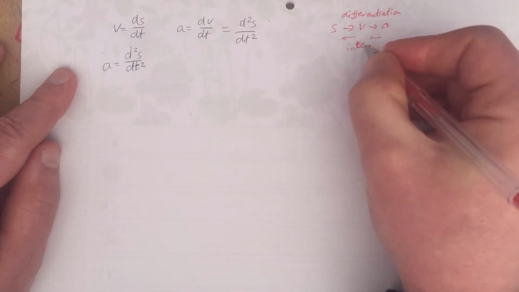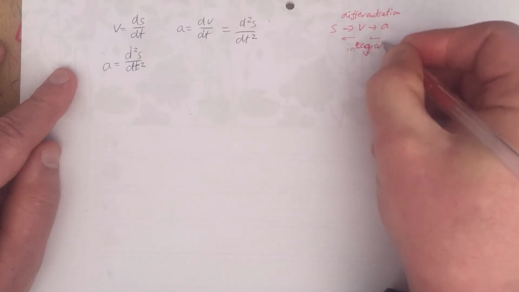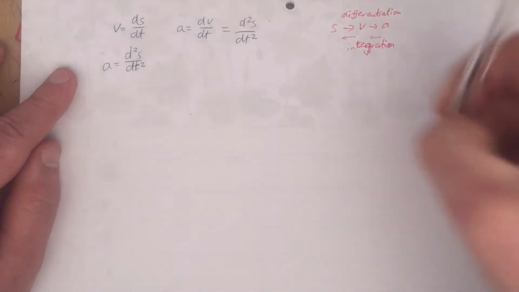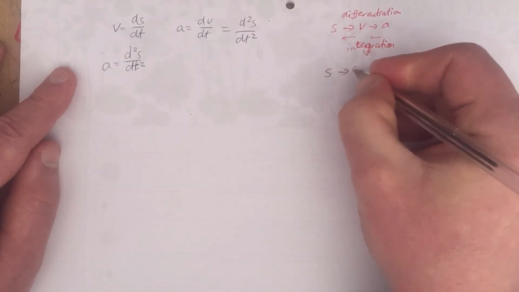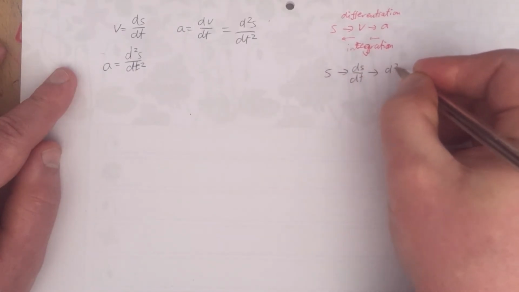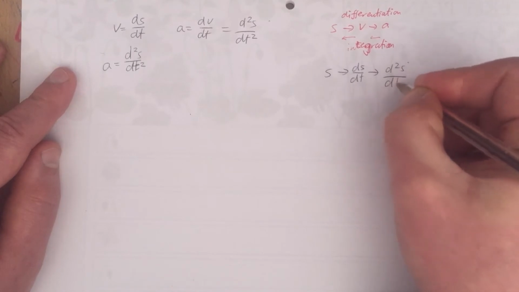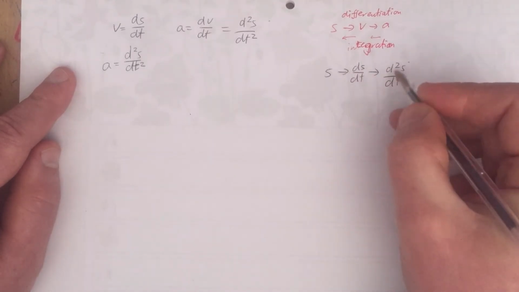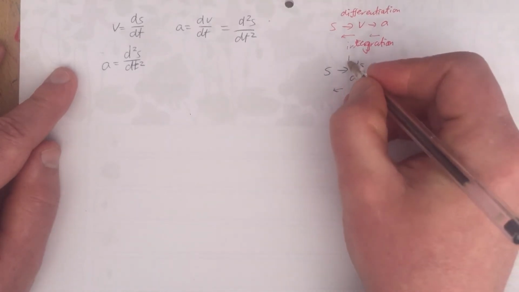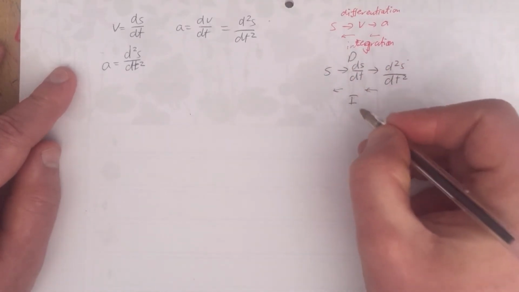So really what we're doing is going from s to ds by dt to d2s by dt squared. Going in that direction is differentiation, and going in this direction is integration.